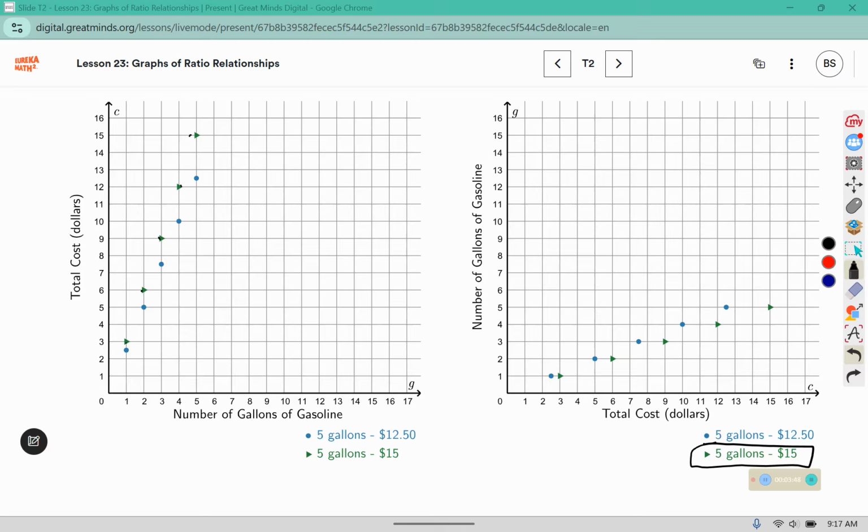So they depict the same data, but by placing the gallons on the independent variable's axis, it's easier to read what's going on with their rates, being that the 5 gallons for $15 costs more than the other.